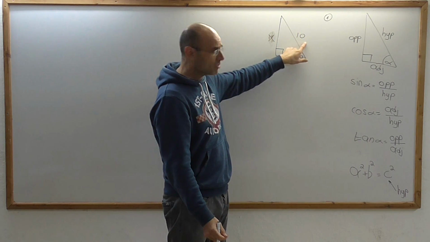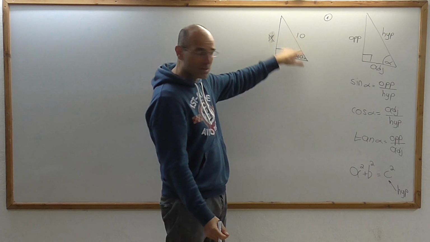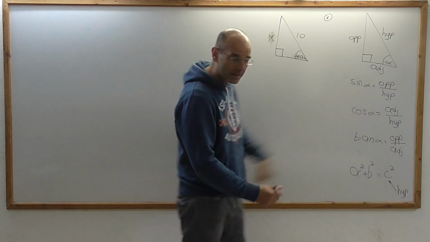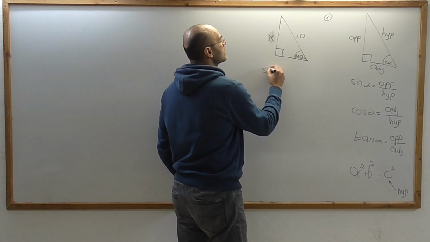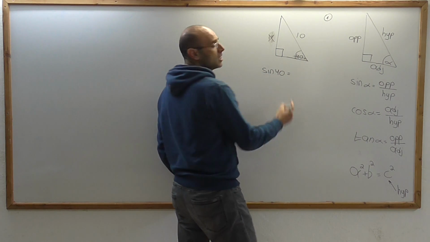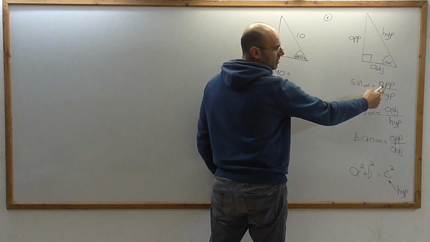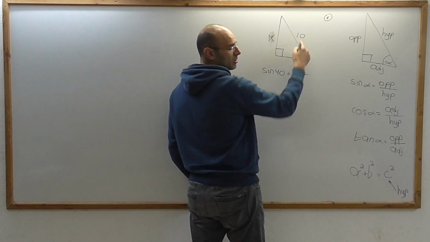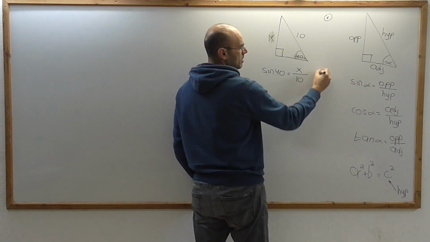Opposite, hypotenuse, op, hip. Who corresponds with these two words, op and hip? Sine. So I write sine 40 equals opposite over hypotenuse. Opposite is x over hypotenuse 10.